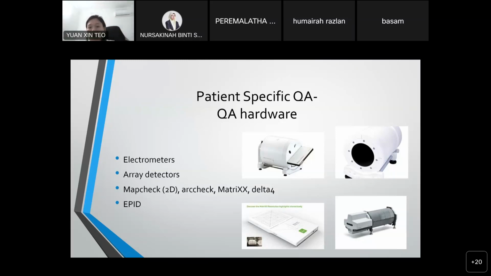In my hospital we are using these Octavius and Delta4, but the majority of the time we will only use this Delta4 because we find it's much easier, and this one is 3D QA. The PTW Octavius only creates a 2D fluence map.